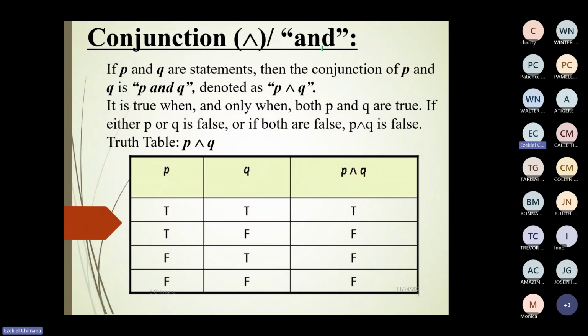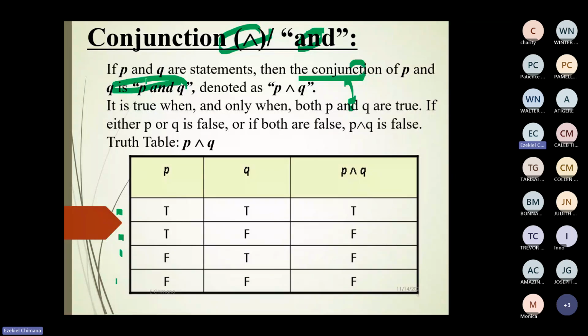The conjunction, the and operation, is simple. If P and Q are statements, then the conjunction of P and Q is P ∧ Q. Remember, whenever you have two statements, we are saying 2 to the power 2, which is 4. So we are going to have 4 rows.